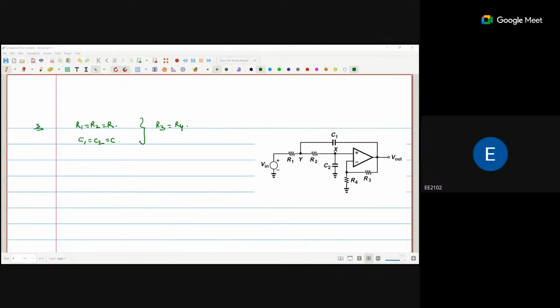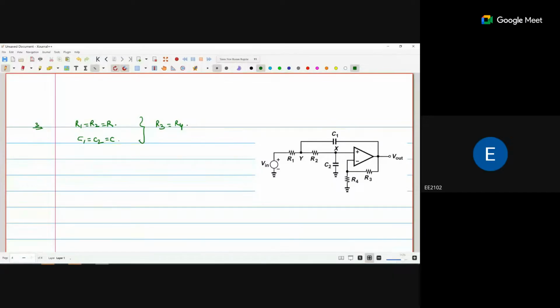Now, how do we calculate the pole frequencies? First of all, we calculate the transfer function. The input signal is applied on the positive terminal, so it is a non-inverting amplifier. Second thing, the feedback.